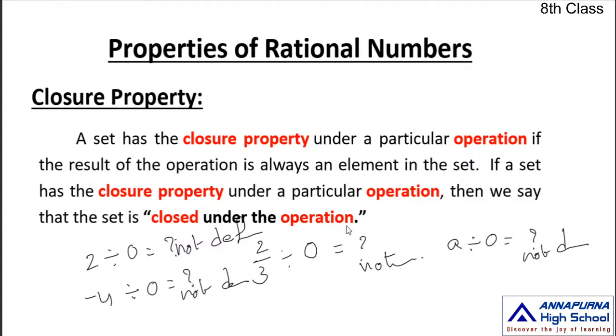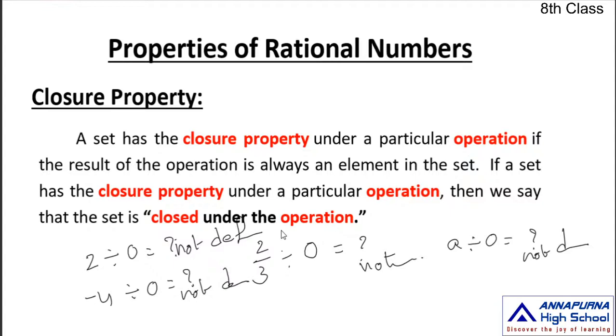In this case only the value of the division is not defined. 2 by 3 divided by 0 is not defined. That means we cannot say whether it is a rational number or not. That means the collection of rational numbers is not closed under the division operation.